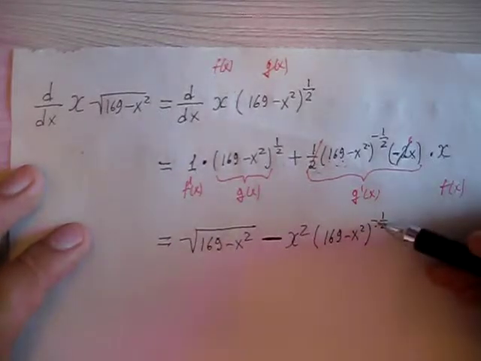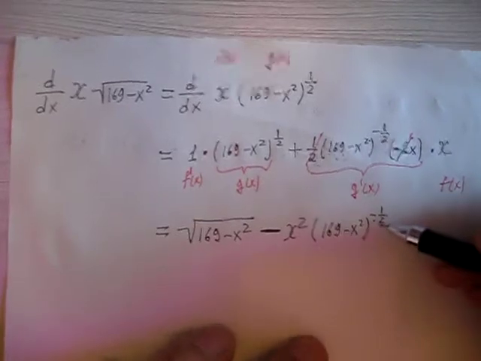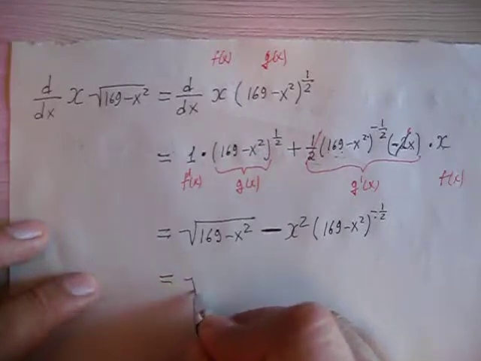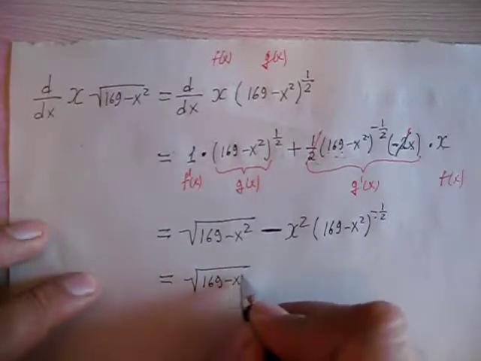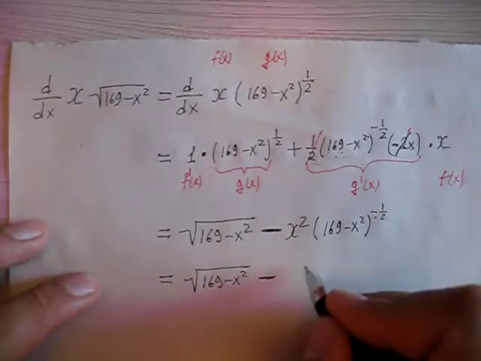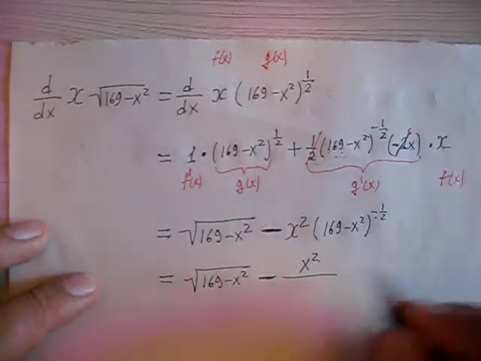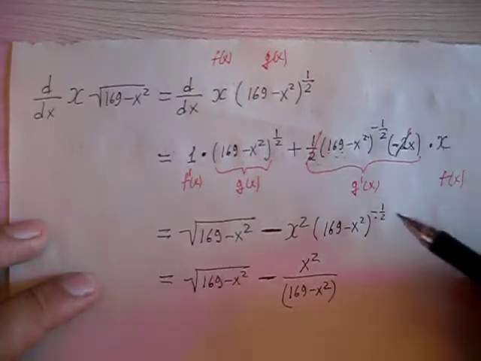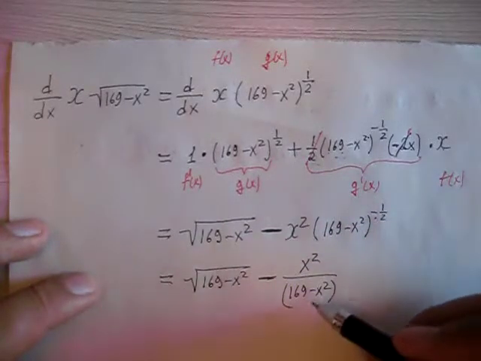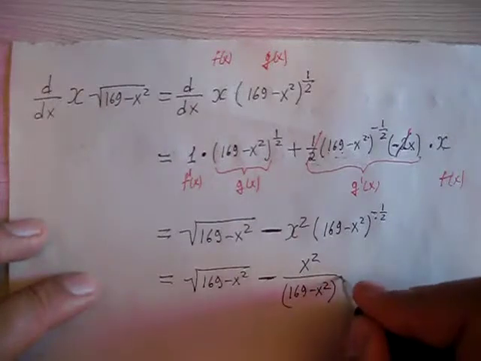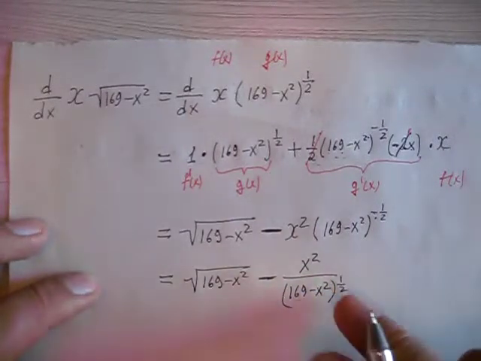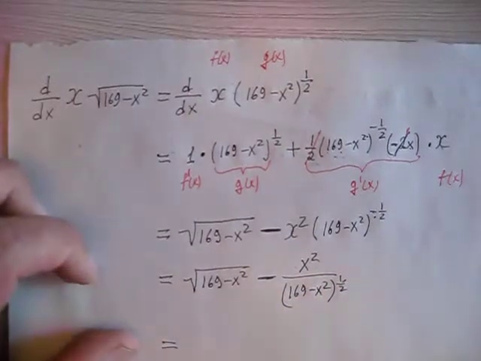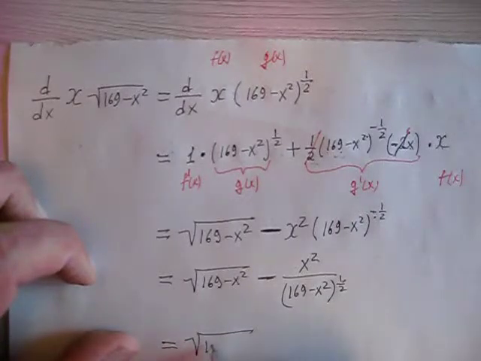When we write it without the negative power, this expression goes to the denominator, and then we will have the square root of 169 minus x squared, minus x squared in the numerator over 169 minus x squared, and in the denominator this power will be positive 1/2. 1/2 means square root, so in the next line we can rewrite that power as a square root.